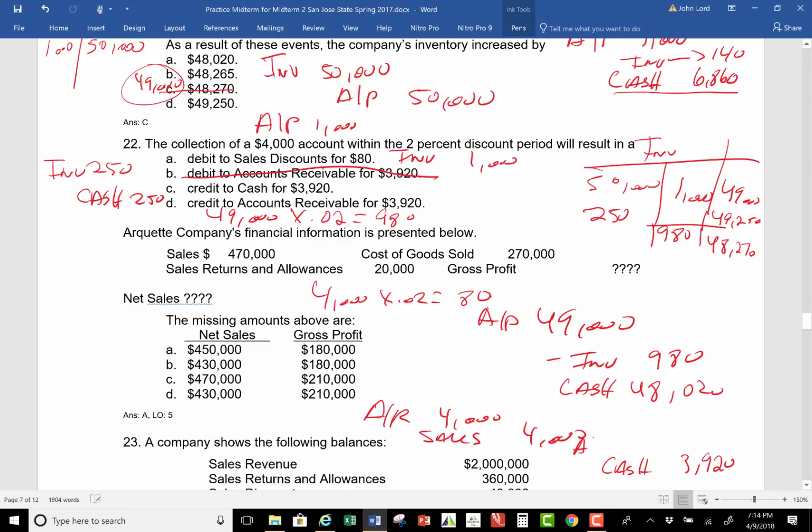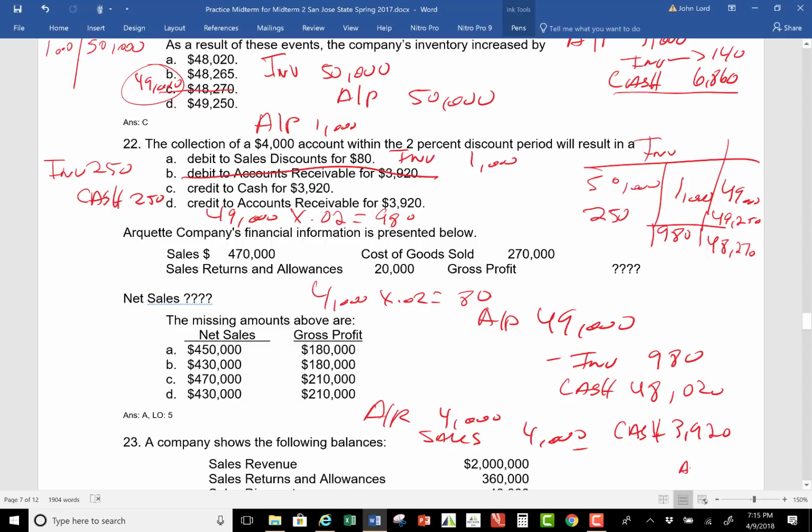I'm going to debit the accounts payable for the full 4,000? Right? Not accounts payable. What am I doing? I'm collecting money on account receivable. So I'm going to debit cash for 3,920.